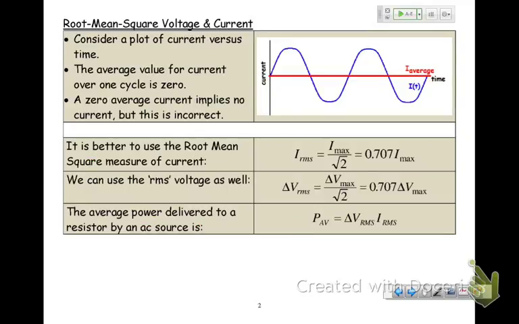Problem. This system has on average 0 current, so who cares? So I've got to get around that. The problem is all the negative bits cancel out all the positive bits. Well, I can solve that easy enough. I just square everything. That got rid of all the negative bits. Now I can average.